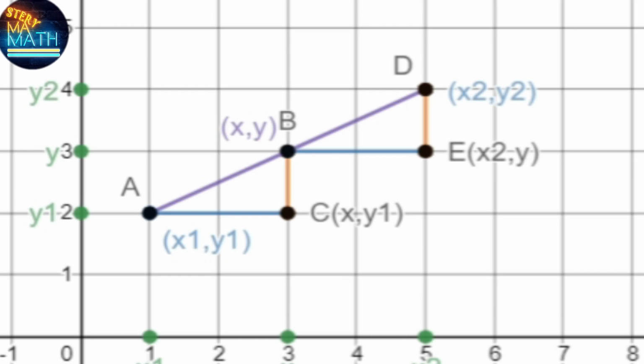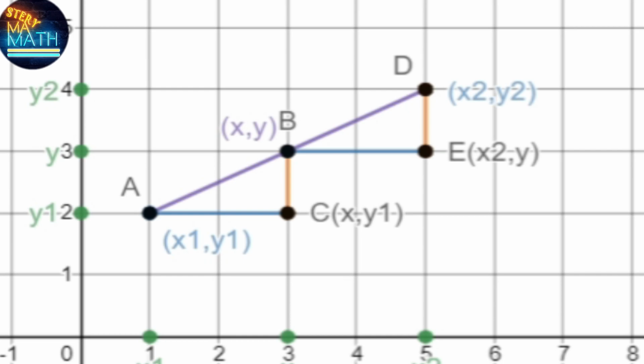Of course, you know that the point B is equidistant, so the line segment AB is congruent to the line segment BD. So the two triangles are congruent by angle side angle. And because of that, the line segment AC is congruent to the line segment BE.